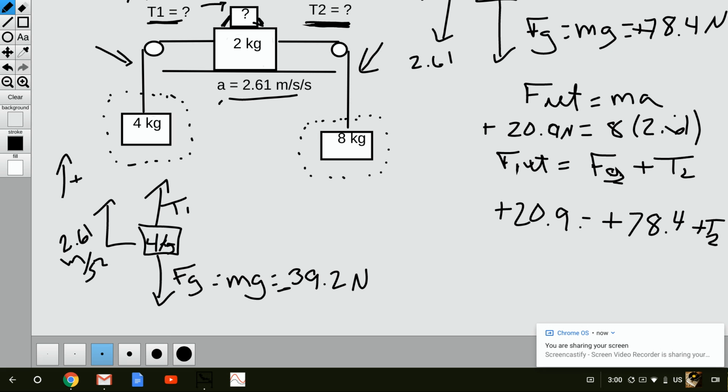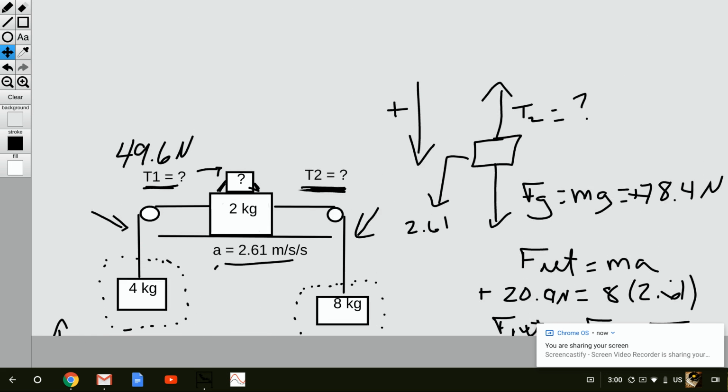When we calculate that, we get negative 57.5 equals T2. So if we come back up here, now we know that this is 57.5 newtons.